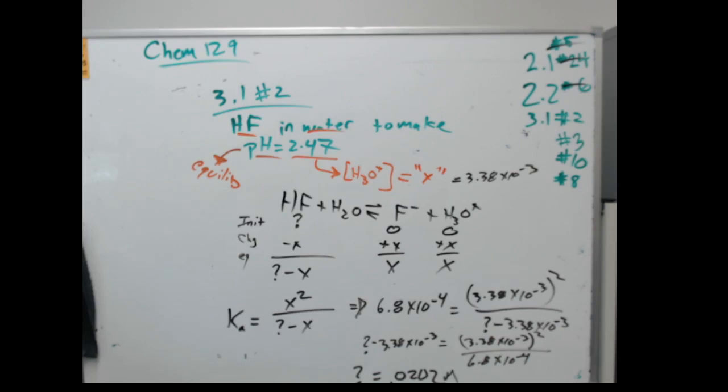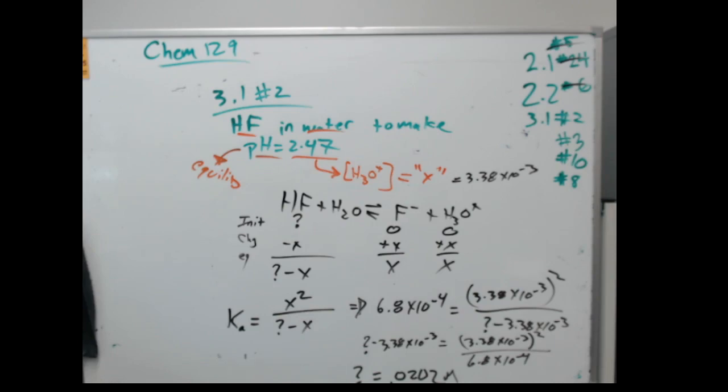She was saying that it says use the X's small approximation, but you really don't have to use the X's small approximation at all. And it also says look up the Ka value on the note sheet, and then the Ka value's not on the Chem 3 note sheet. Or the KB value, sorry, because you're doing hydroxides.